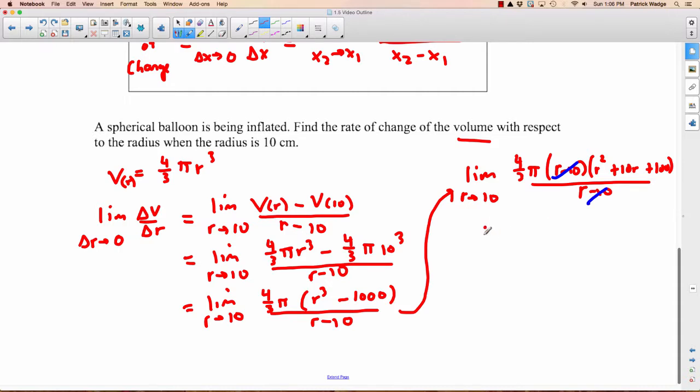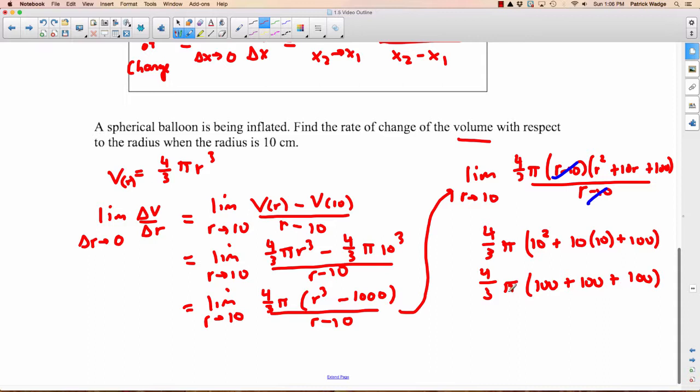We've canceled that out. So we're going to have 4/3 pi, then we're going to have r squared, but we can start plugging in this value. So 10 squared plus 10 times, there's that r again, 10 plus 100. So 4/3 pi, 100 plus 100 plus 100, so we get 300.